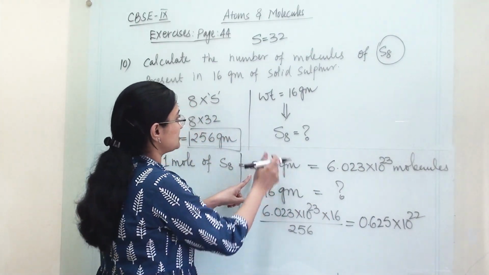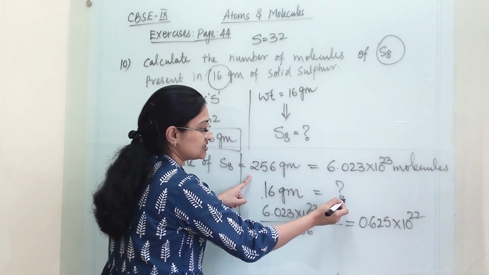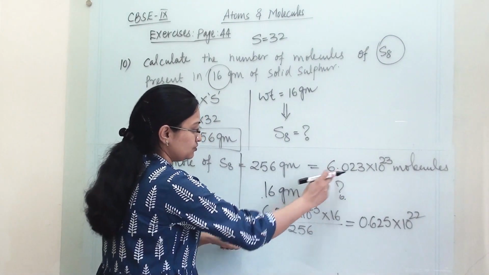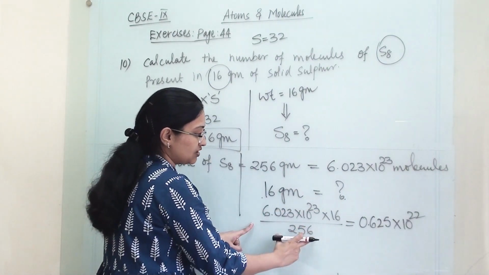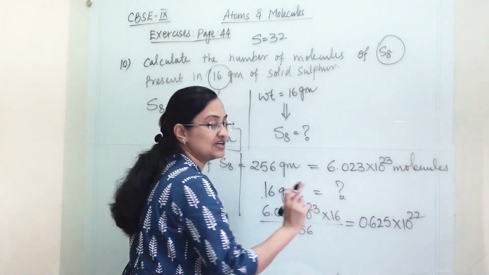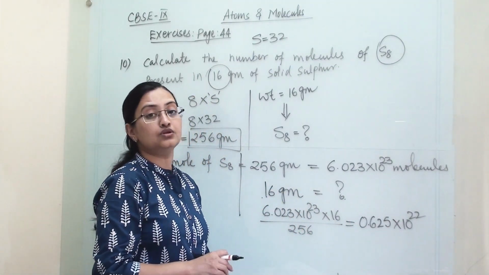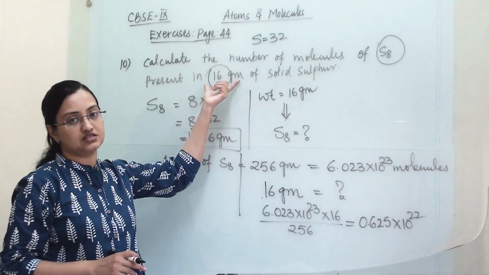Then in the given mass, how many molecules are present? So this multiplied with this, divided by its molar mass. So the answer is 0.625 × 10^22 molecules present in 16 gram of solid sulfur.